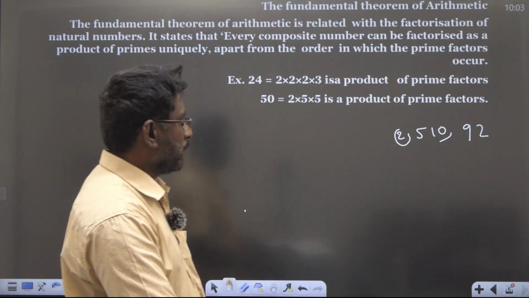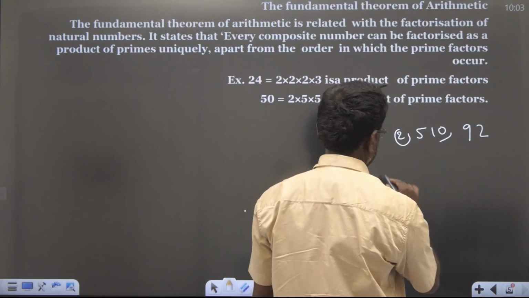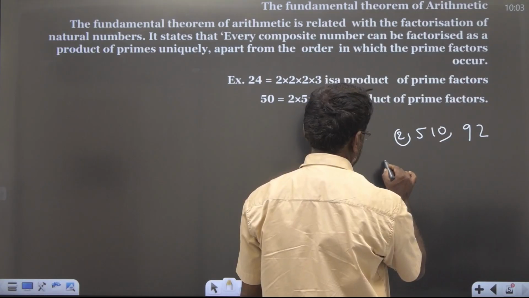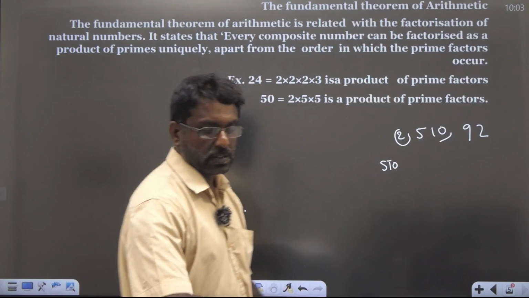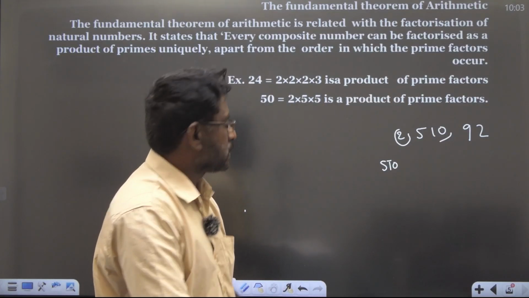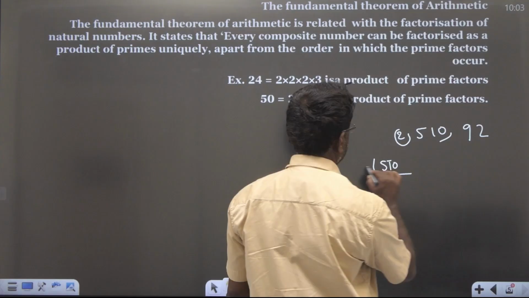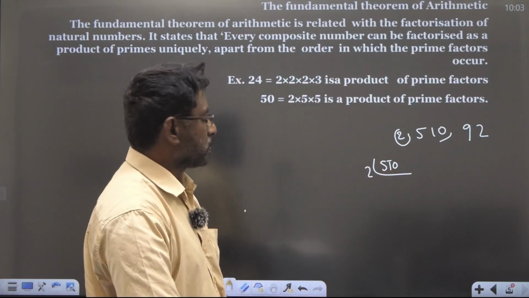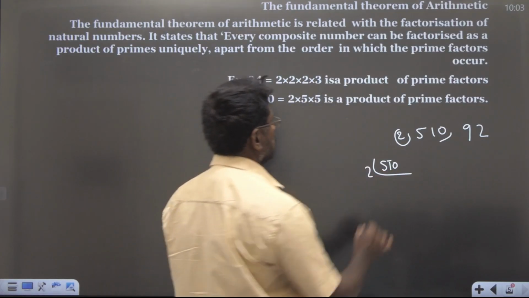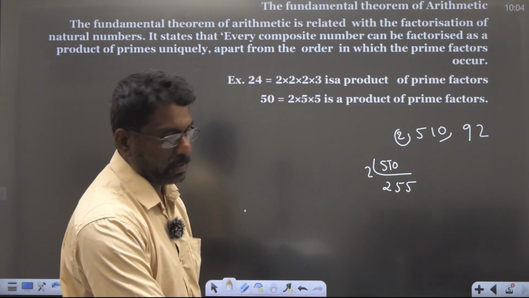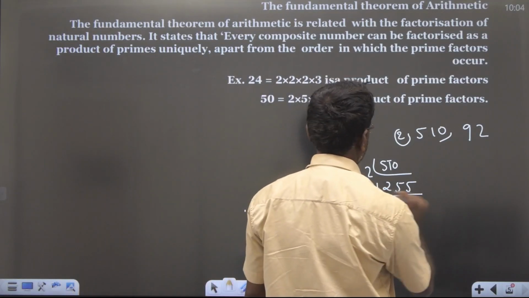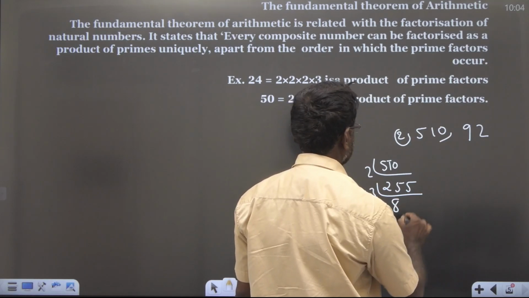Okay. How can we find the HCF of 510? First, factorize 510. 510 divided by 2 is 255. 255 divided by 3 is 85.